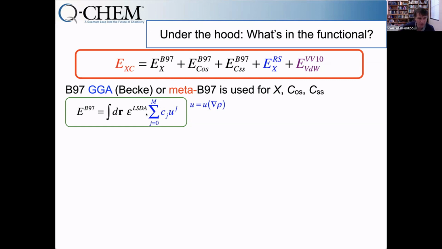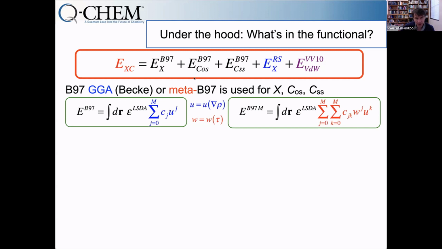So that's a possibility. And then if we were to do a meta GGA, then these 3 semi-local terms would each have the form of a double power series with a second variable that depends on a dimensionless reduced kinetic energy density at the current point in space entering as well. So these are the ingredients. These polynomial expansions, well, for argument's sake, we will stop gaining new information as we go higher up in m.